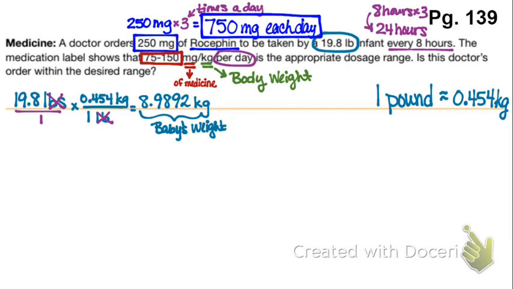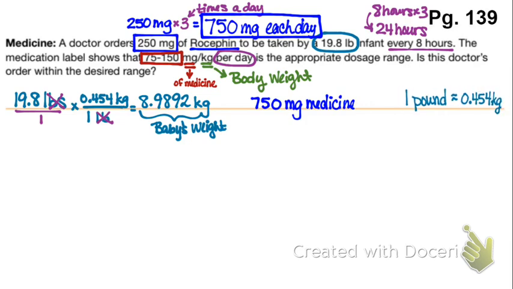250? This window uses what measurement of time? Oh, 3 times per day, so yeah, that would be 750. We want it for a whole day, so we're going to use that 750 milligrams of medicine each day.